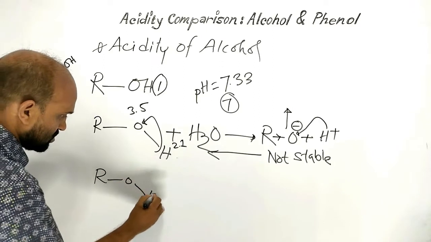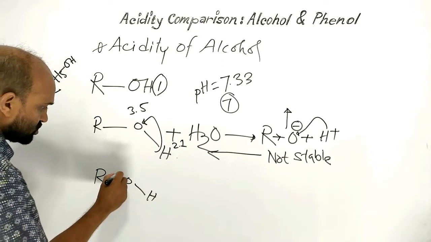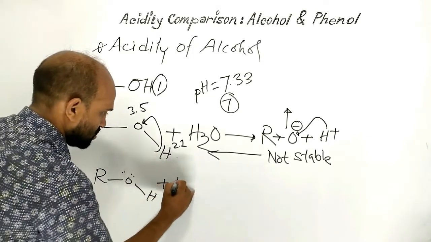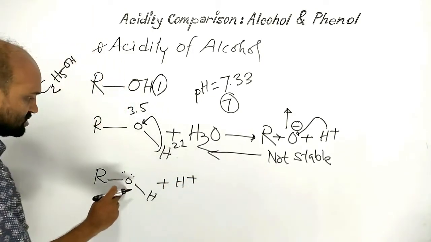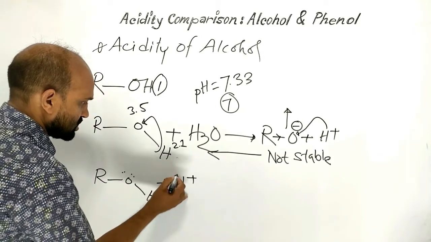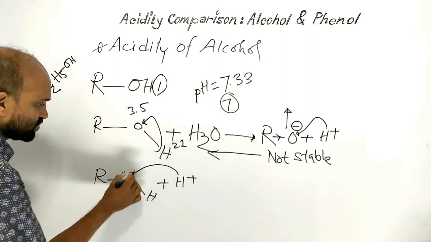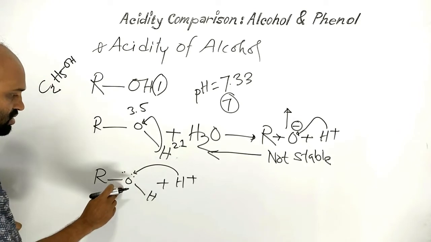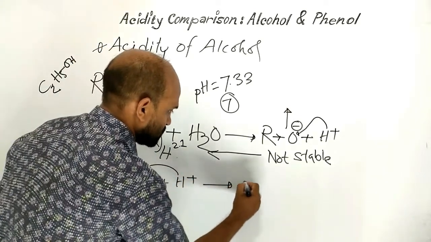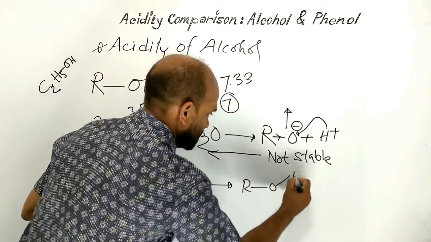In alcohol, oxygen contains two lone pairs of electrons. When this alcohol comes in contact with proton, then with this lone pair of electrons, alcohol can receive this proton to form this entity.